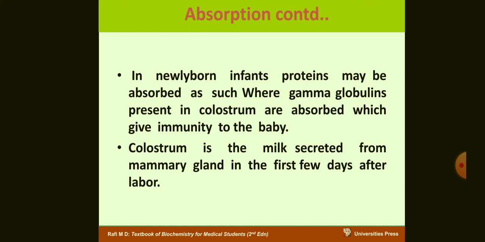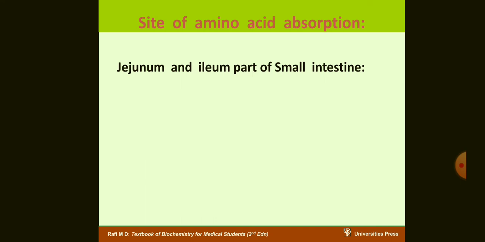Colostrum is the milk secreted from the mammary gland in the first few days after labor.